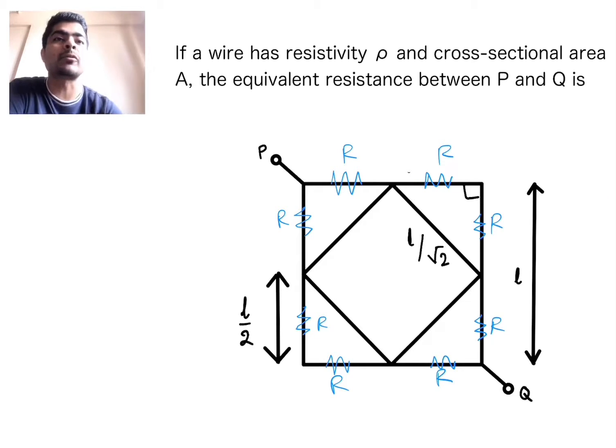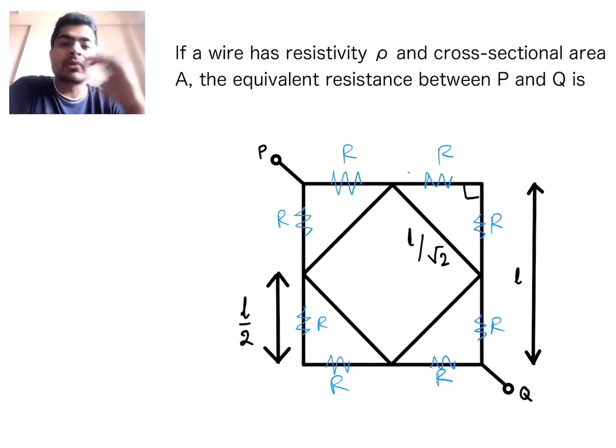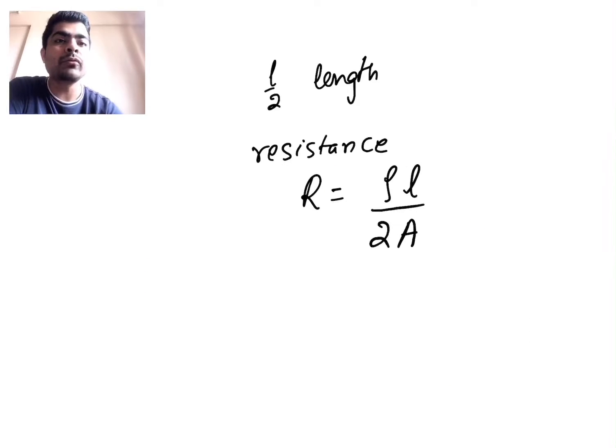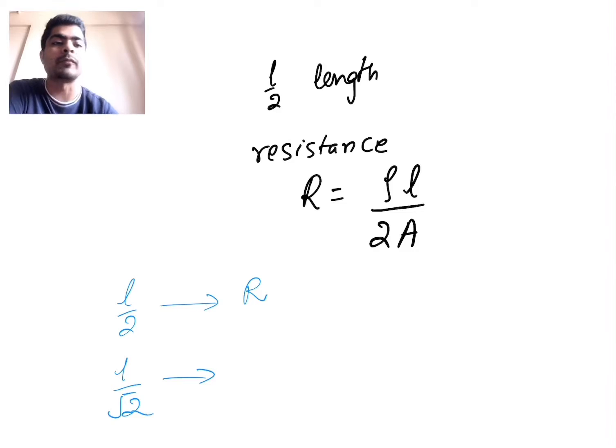But what about the inner square? For this side L by root 2, what is its resistance equal to? There we have to apply the proportionality, that resistance is proportional to length. So for L by 2 length, resistance is R. For L by root 2 length, what is the resistance equal to?